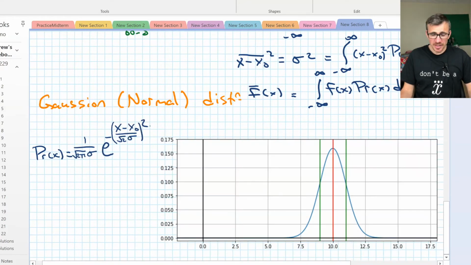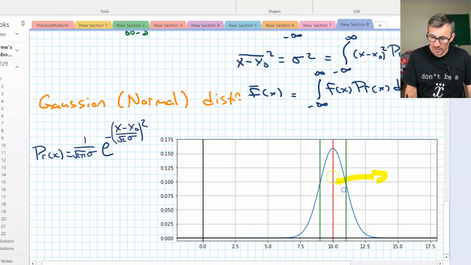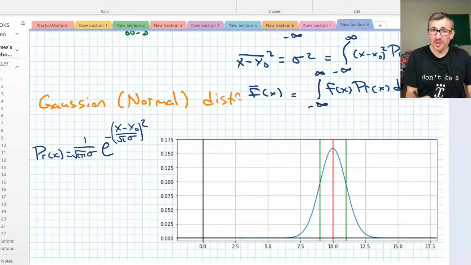Basically what it is is a negative exponential of a square. So this term in the exponential is always positive. It's the same positive and negative, and that's why you can see that it is symmetric about x naught here. So that's good. And then it has a bunch of other squiggles here, and they're there for a reason.